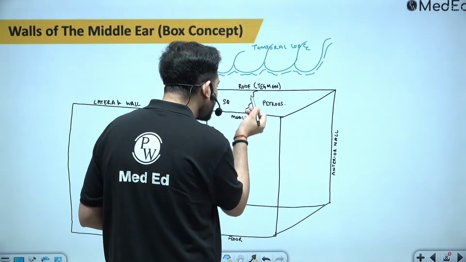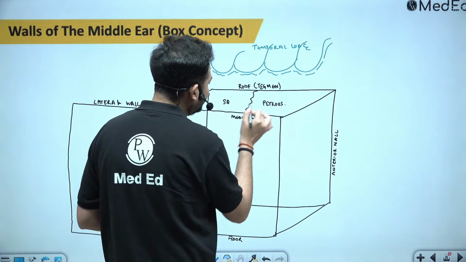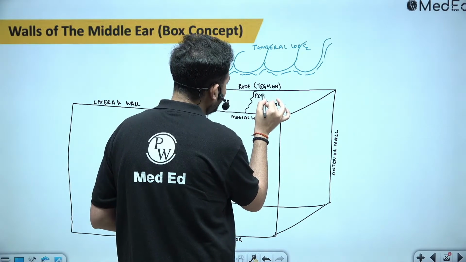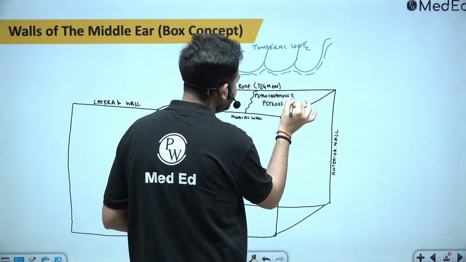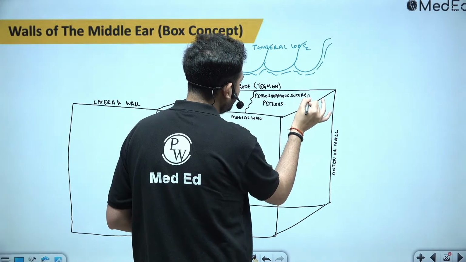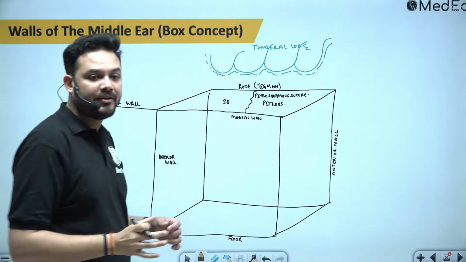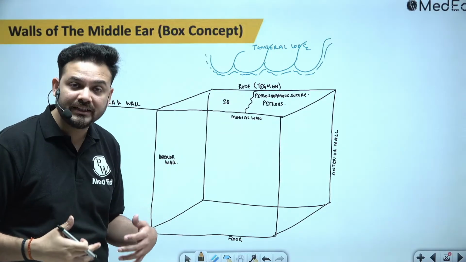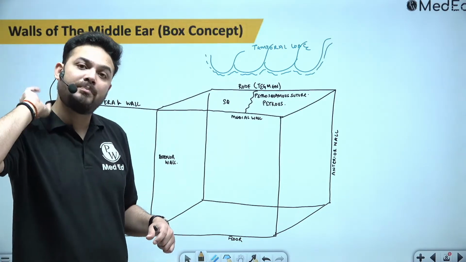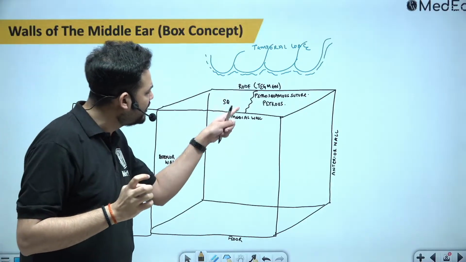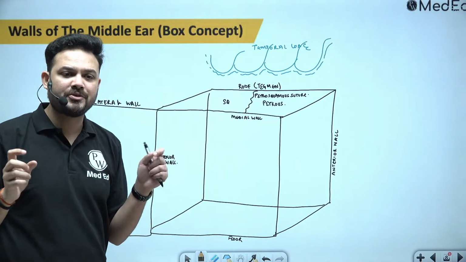There is a small suture between them, and this is called the petrosquamous suture.